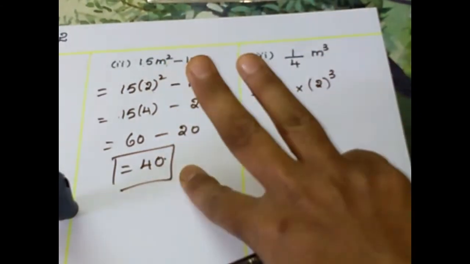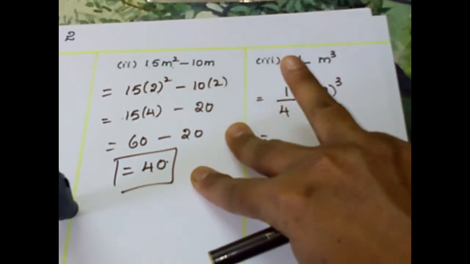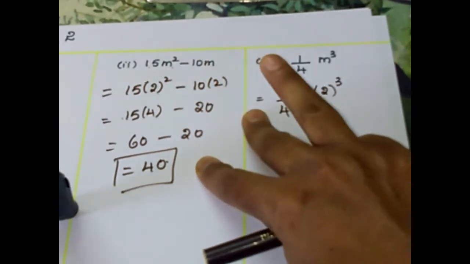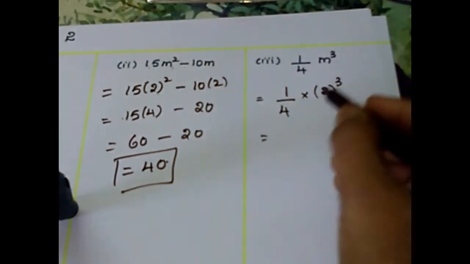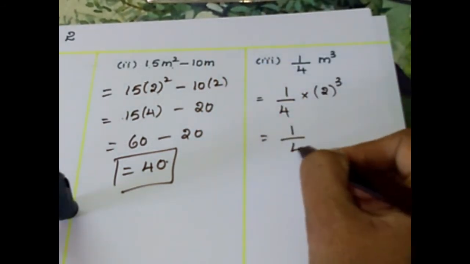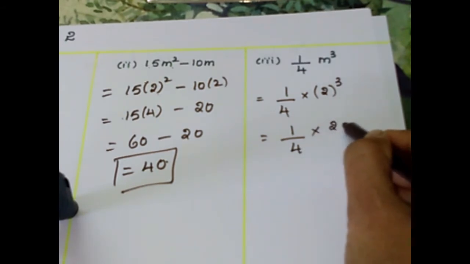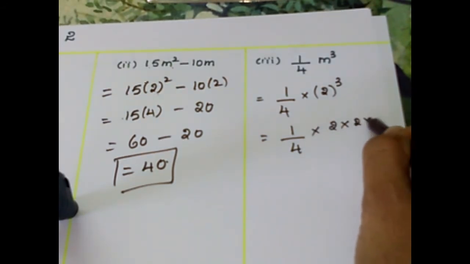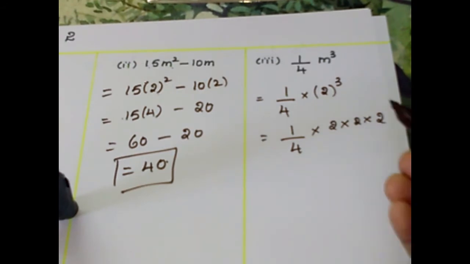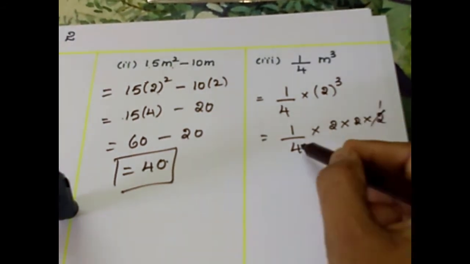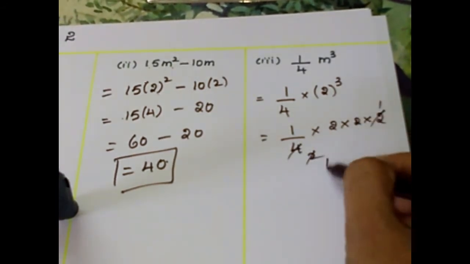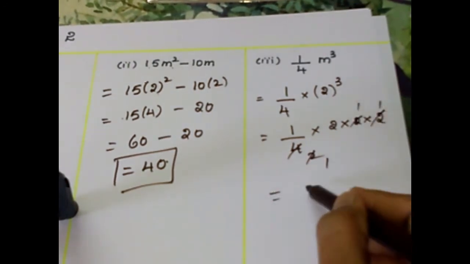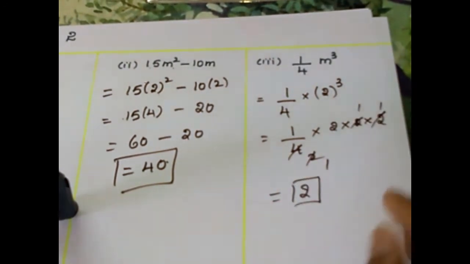That means 2 into 2 into 2. 2 2s are 4. 4 2s are 8. If you are not able to write directly, you can split and write 2 into 2 into 2. Simplify it. 2 1s are 2, 2 2s are 2, 1s are 2, 1s are... What is remaining? 2. Okay.